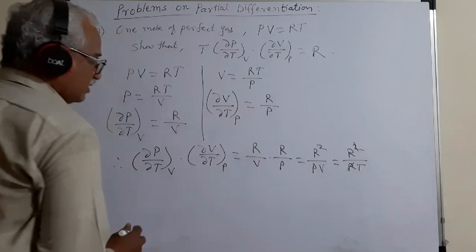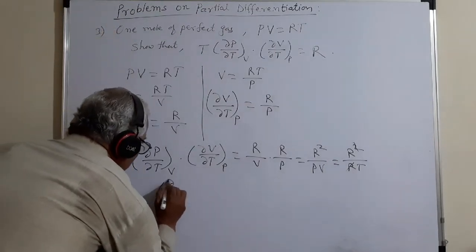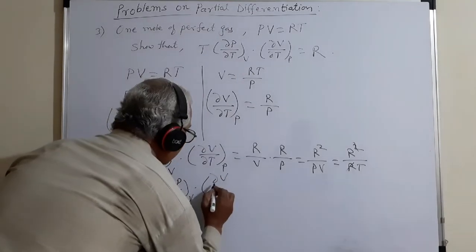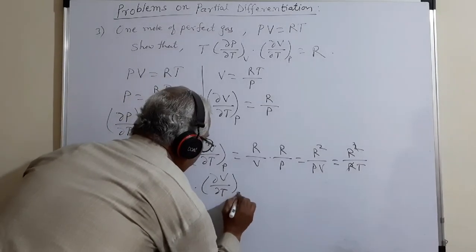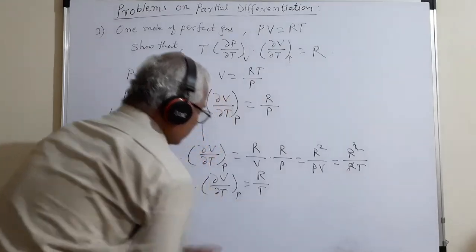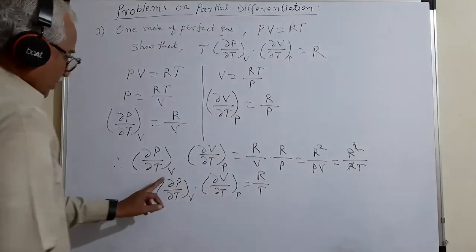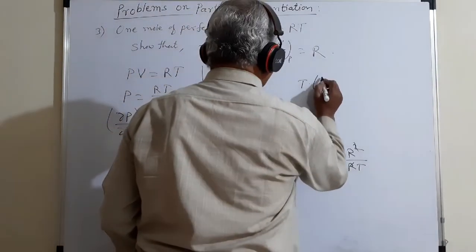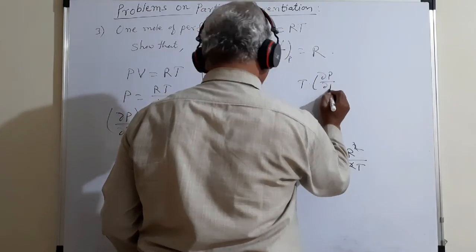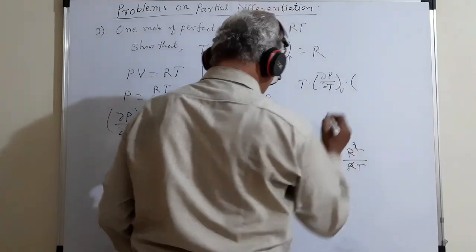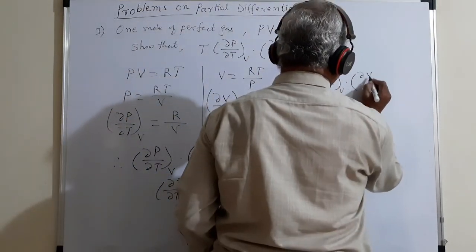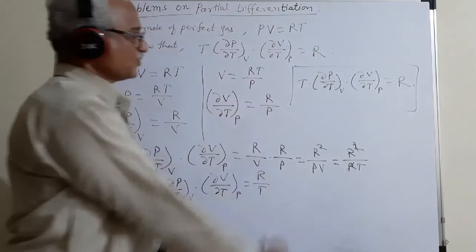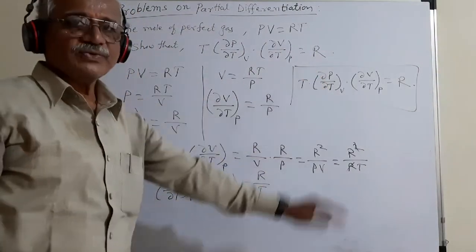So we get dou P by dou T at V into dou V by dou T at P is equal to R upon T, and transferring this T to the left hand side, we get T into dou P by dou T at V into dou V by dou T at P is equal to R, and that is what we are asked to prove.